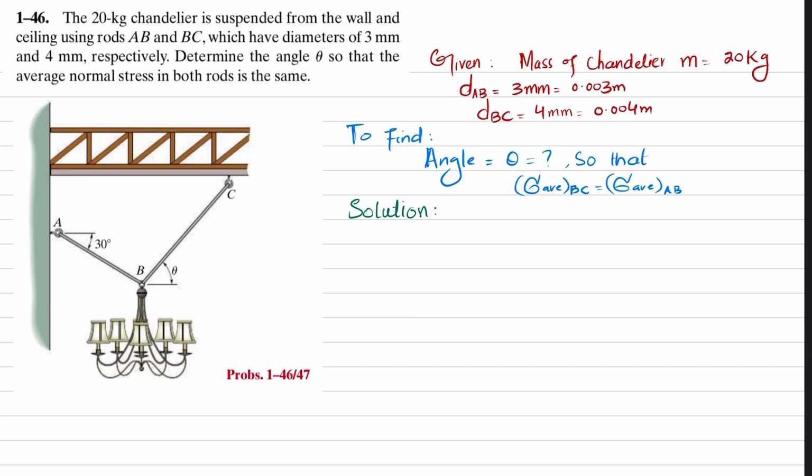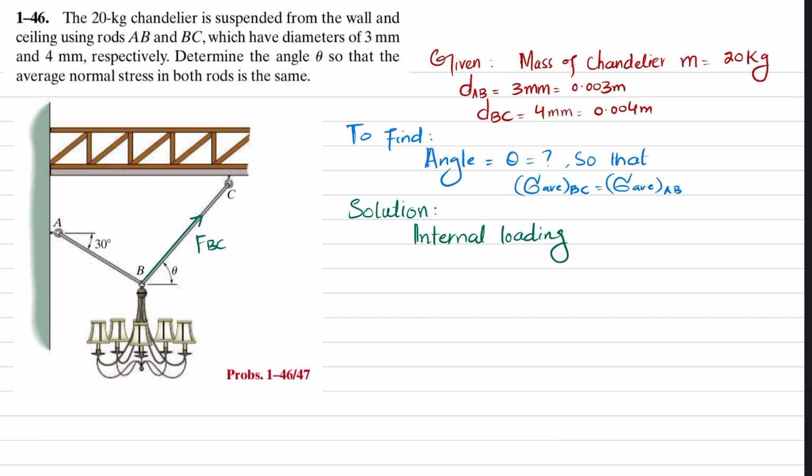The first step is that we have to find the internal loading. If you look at this diagram, this is rod BC and this is rod AB. The force in rod BC is represented as FBC.